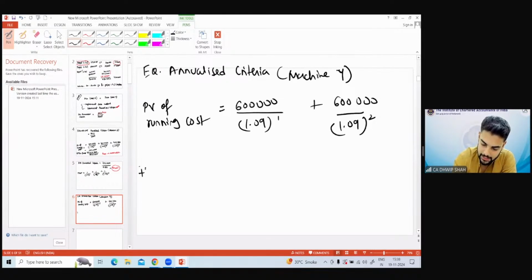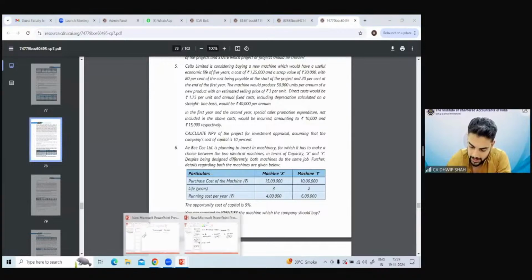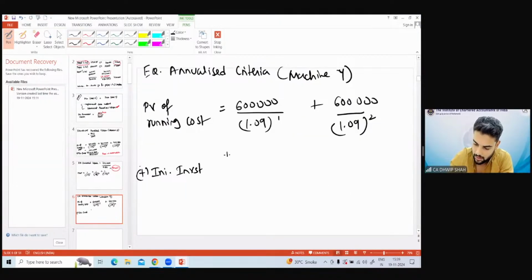To this present value of running cost, we will add the amount of initial investment. Since the initial investment would be incurred today itself, we don't need to discount that, which is 10 lakh.